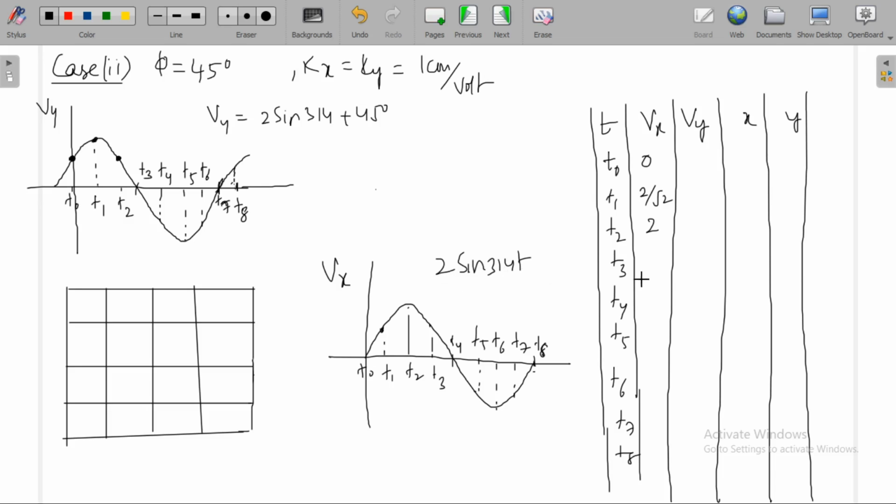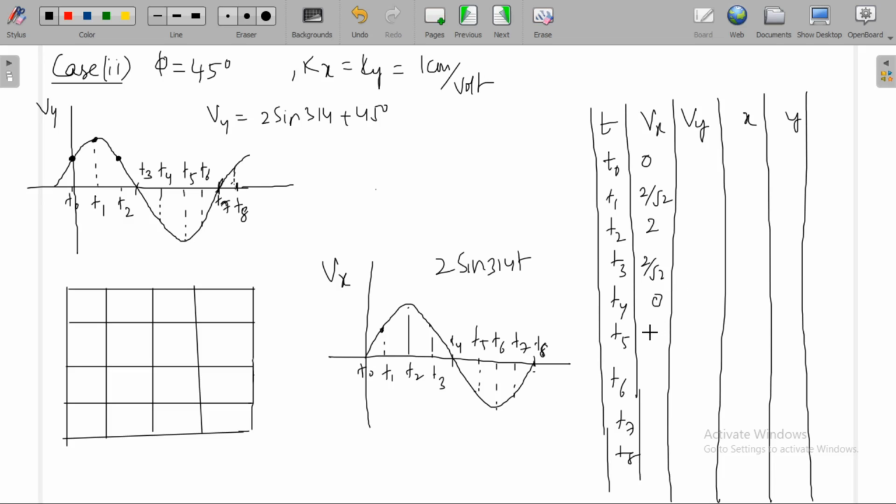Next, you're going to get T3. At T3, you're going to get 2 by root 2. At T4, it is 0.